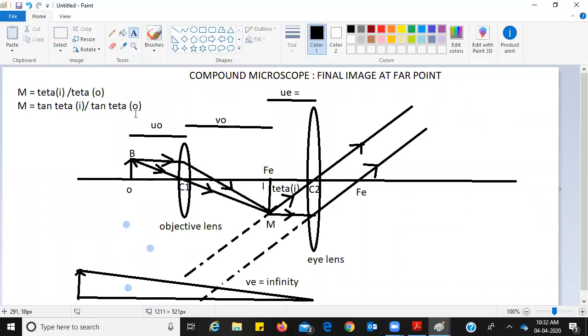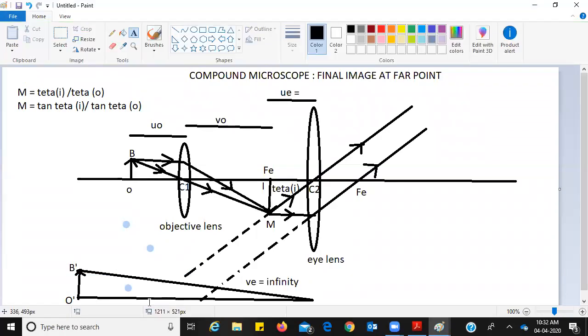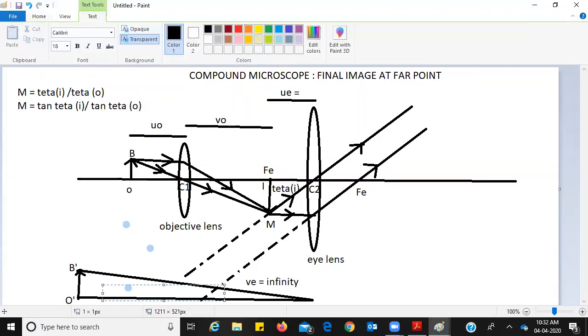Mark the points: this will be O dash, this will be B dash by C2, and this distance will be capital D. This angle will be theta O.